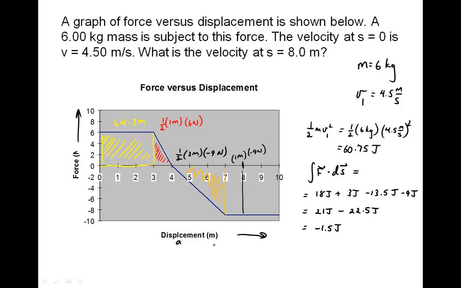And so the final kinetic energy, 1/2 mv2 squared, equals 1/2 mv1 squared, but that's 60.75 joules, plus the work done, which is -1.5 joules. And so I get 59.25 joules. So that's the kinetic energy at position 8 here.